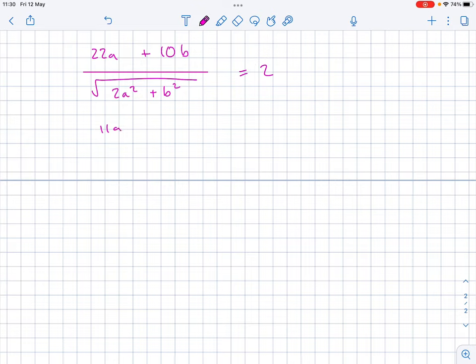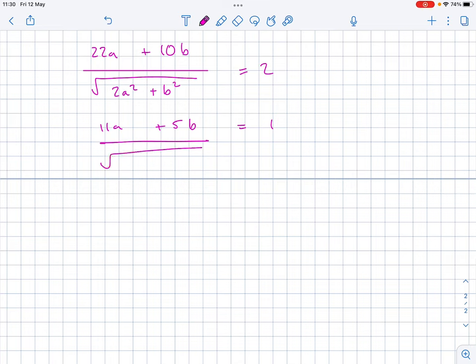So we get 11A plus 5B equals 1 over that square root. Times by the denominator. Okay, so we just get the square root of that. And now we're going to have to square each side to get rid of it.